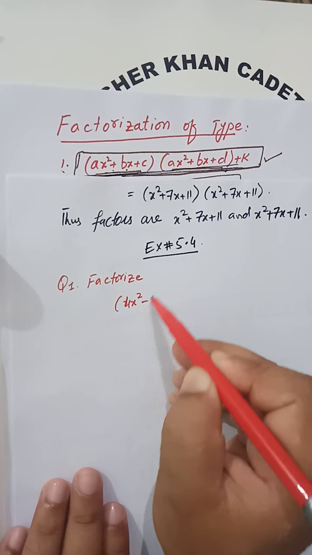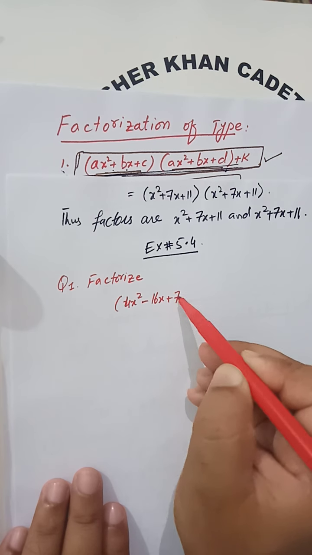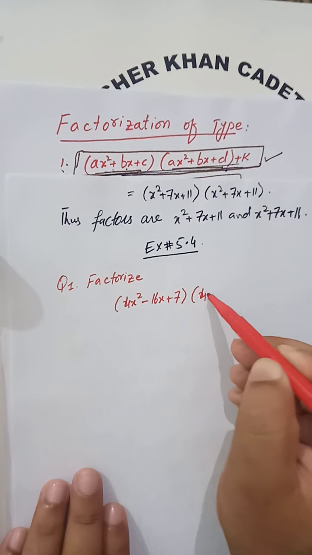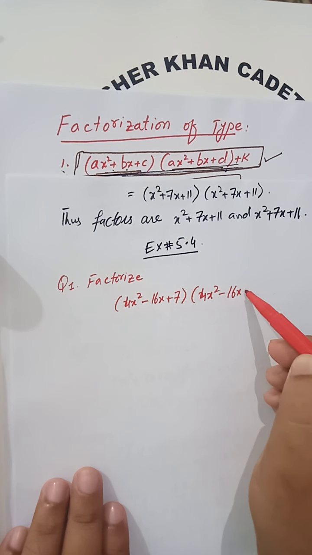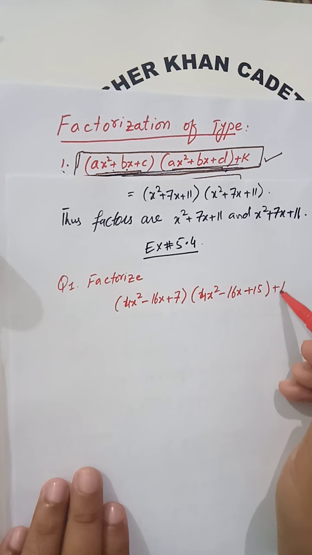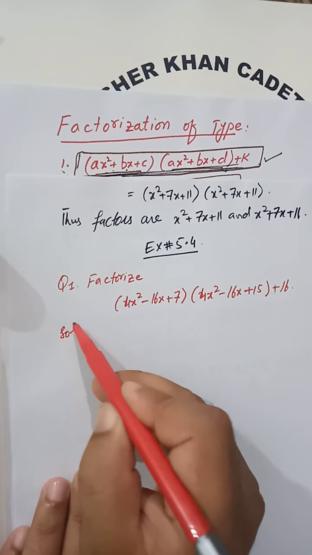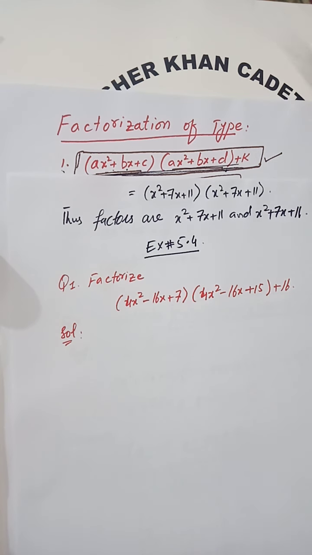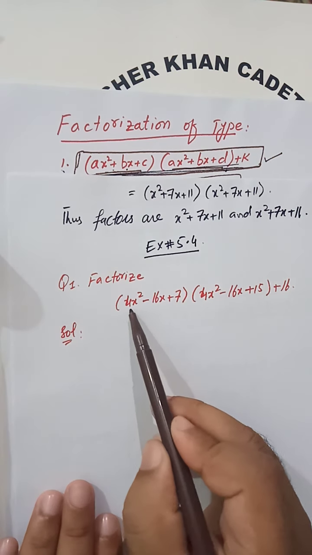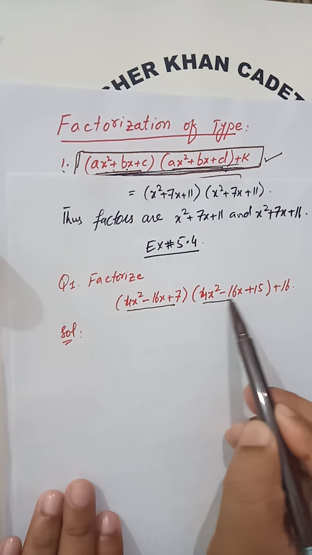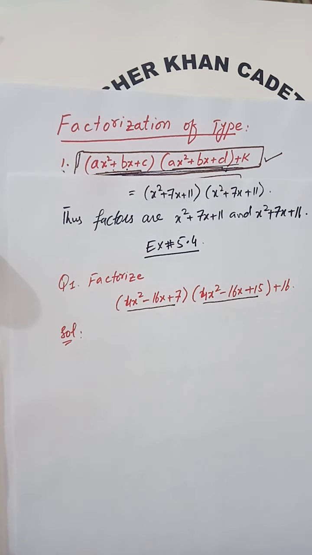Factorize: 4x square minus 16x plus 7, into 4x square minus 16x plus 15, plus 16. You clearly see that in the given algebraic expression that you need to factorize, there are 2 quadratic algebraic expressions in product, which are also degree 2 polynomials.